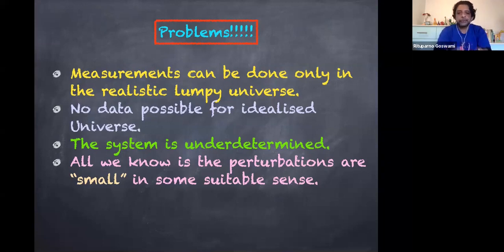In other words, we don't have a Harry Potter wand that can say, okay, now let's make the universe absolutely homogeneous and isotropic, I'll take one measurement, and now go back to the original position, I'll take another measurement, and then subtract these two and see what the perturbation is. We cannot do that.